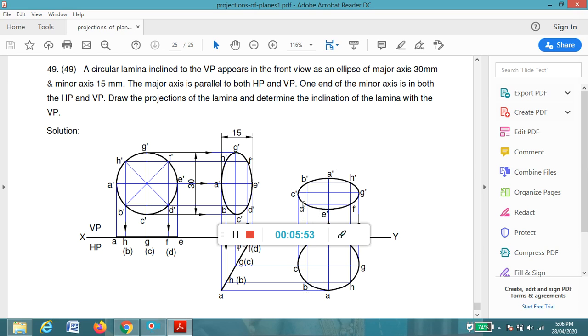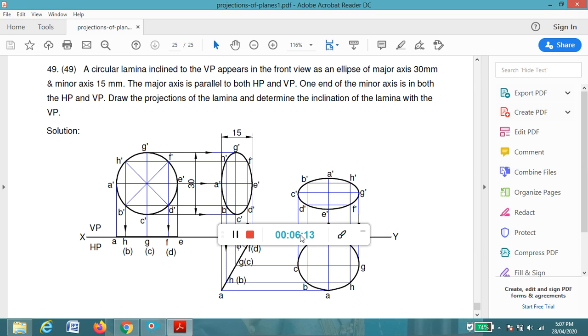Then project all these 8 points on the circumference of the ellipse. Project downwards, and from the second position top view, draw the projection lines towards the right side. These projection lines coincide at particular points.